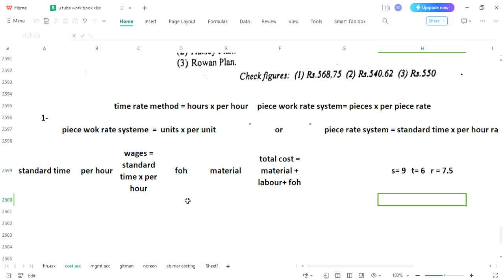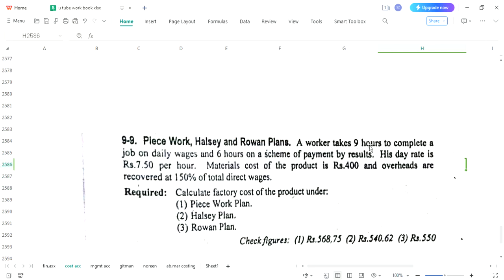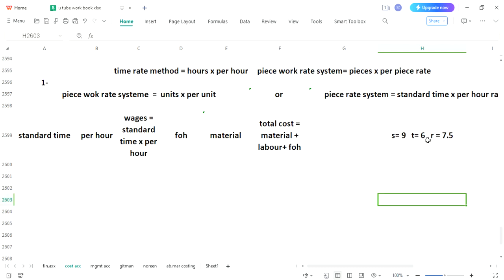So there are three things given in the question, and we have read it. In the normal way, 9 hours were given for completion of one job. The worker had completed that in 6 hours. So 6 hours would be time taken, 9 would be standard time, and per hour rate we have mentioned 7.5.